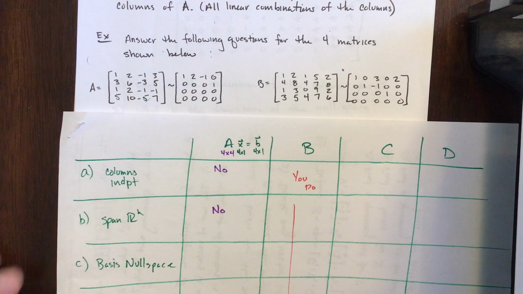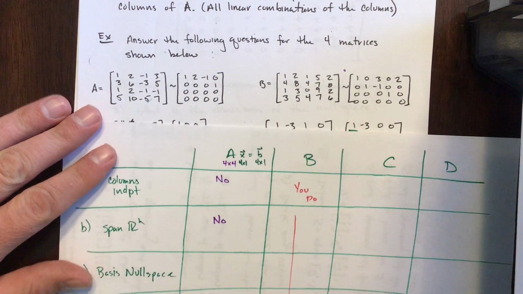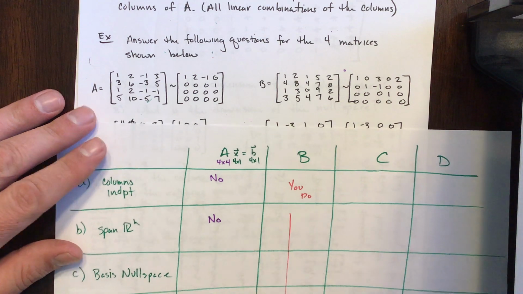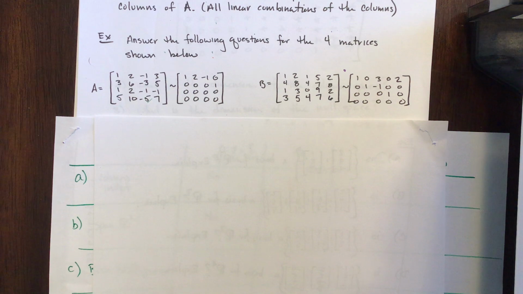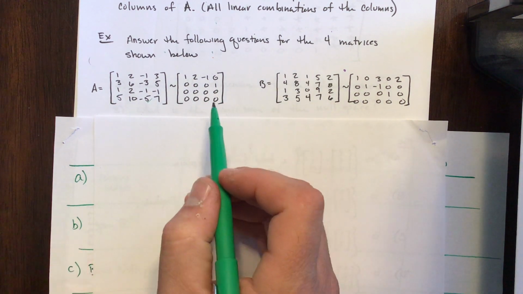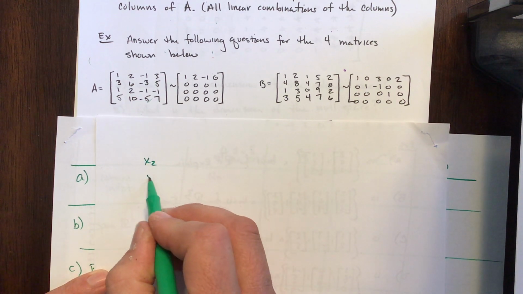What is the basis for the null space of A? For null A, this is going to require a little bit of work, so I'm going to pull out a scratch piece of paper. What we're going to do is look at the reduced row echelon form, and find all columns that don't have a pivot. So x2 doesn't and x3 doesn't.